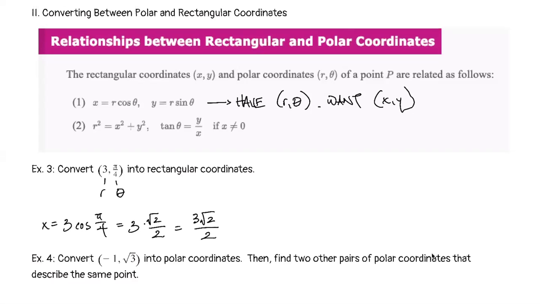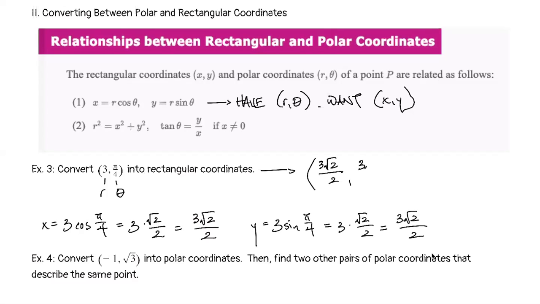And then we do the same thing for the y. Y equals 3 sine pi over 4, which is 3 times root 2 over 2, which is 3 root 2 over 2. And so together we get our rectangular coordinate. And so we just write the x and the y. And there we have it.